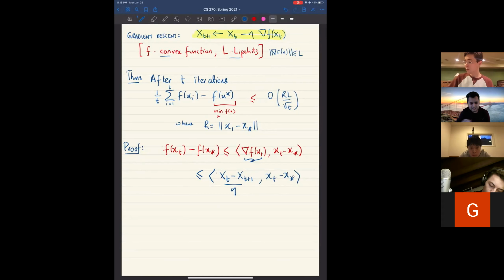My fonts on x are confused, some look different, but all of them are the same x. So it's just x_t minus x_{t+1} divided by eta, by the definition of gradient descent.